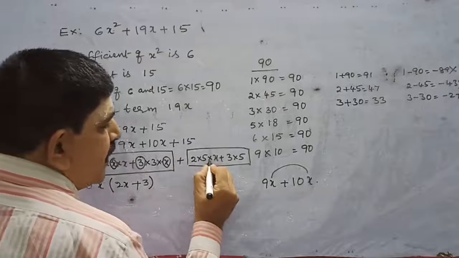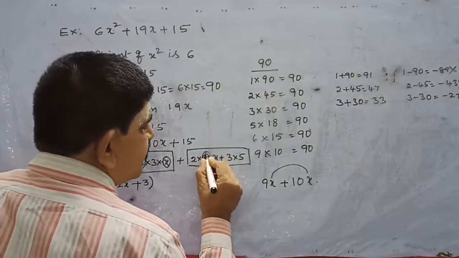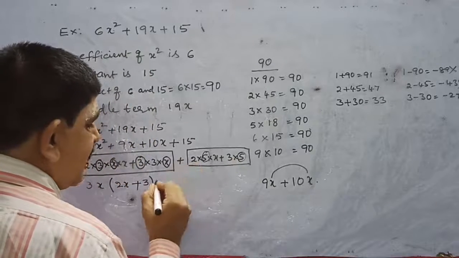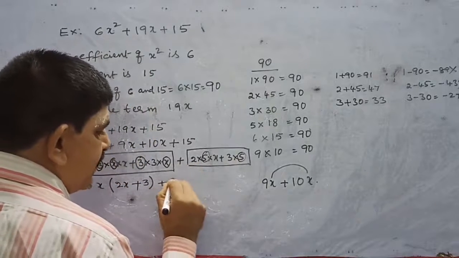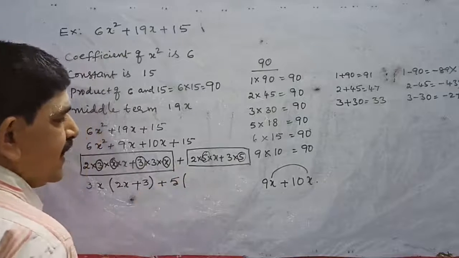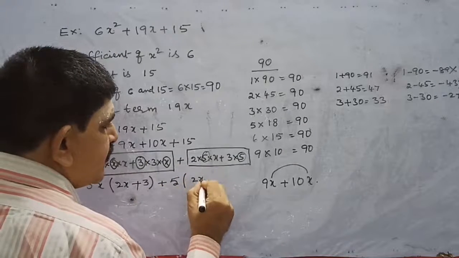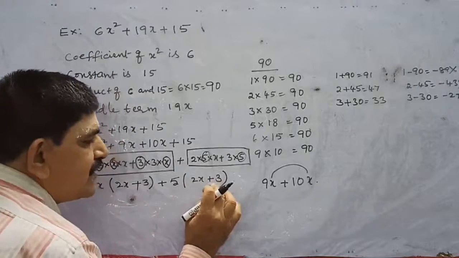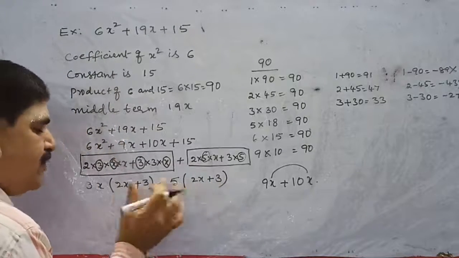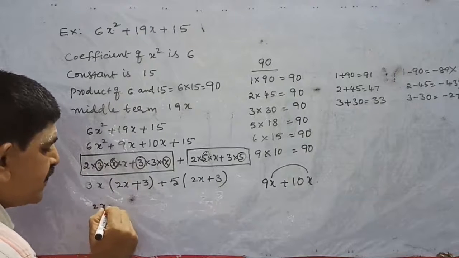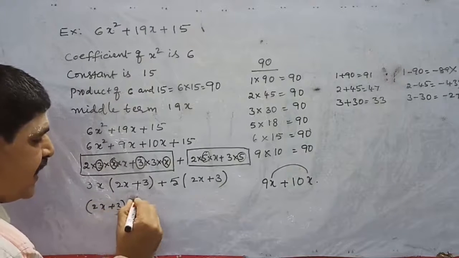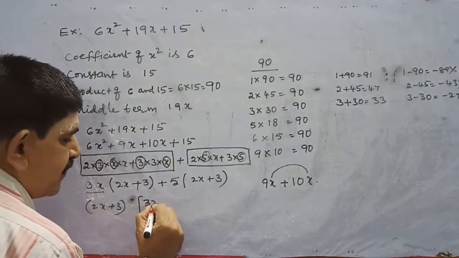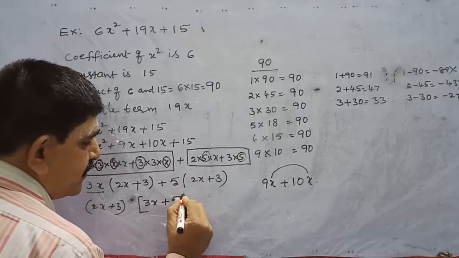Next, here 5 and here 5. So 5 is the common factor and the symbol is plus. Then 2x plus 3 here and 2x plus 3 here. So 2x plus 3 is the common factor. Next you write the remainder, that is 3x here plus 5.